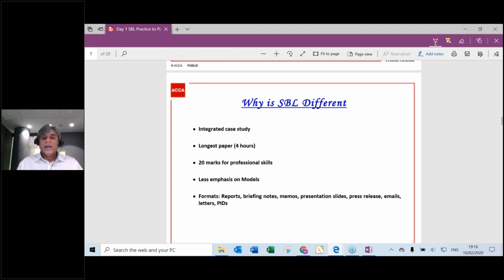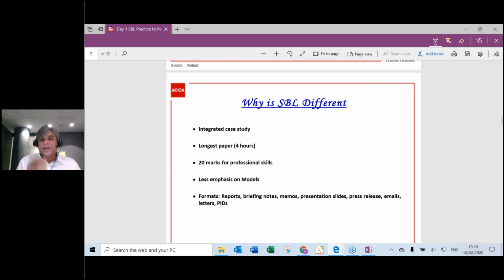And lastly, what's different about SBL is there are so many formats. There's a report format, which I'm pretty sure you have been using in other subjects. There are briefing notes, there are memos, and then there are presentation slides. My God, have you made presentation slides in any other ACCA subject? Welcome to SBL. You will be making slides.